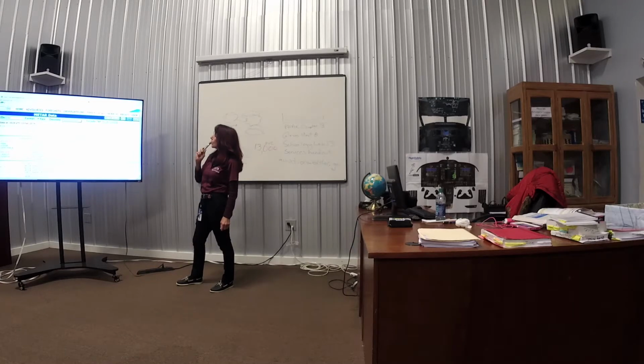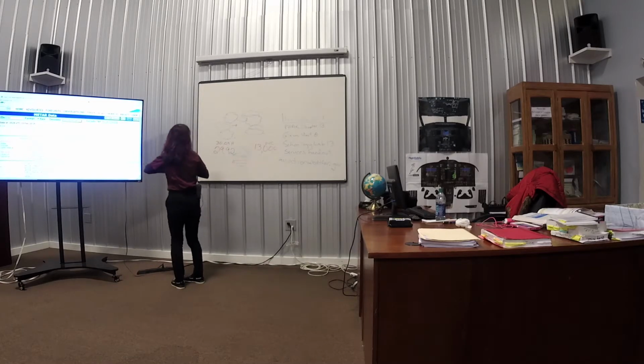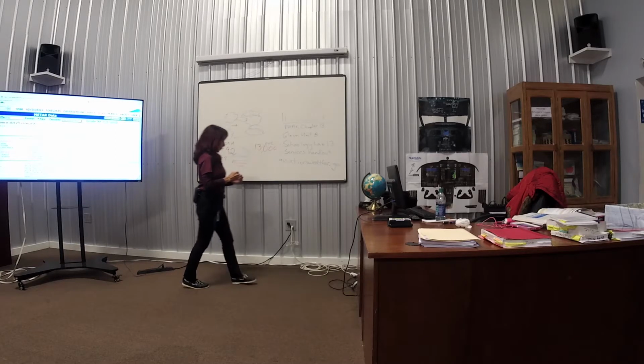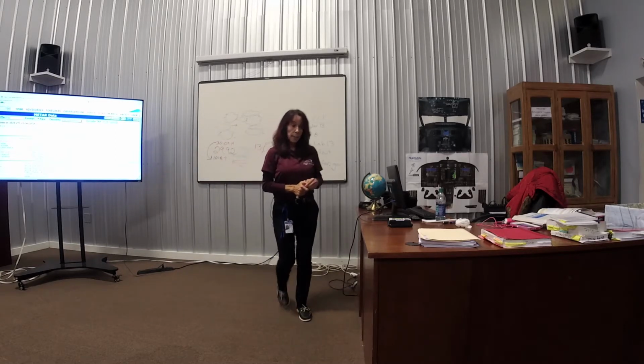Then we have sea level pressure. So sea level pressure, 10 in millibars. This is millibars. What is it? That is a high pressure. That's how you read a METAR.